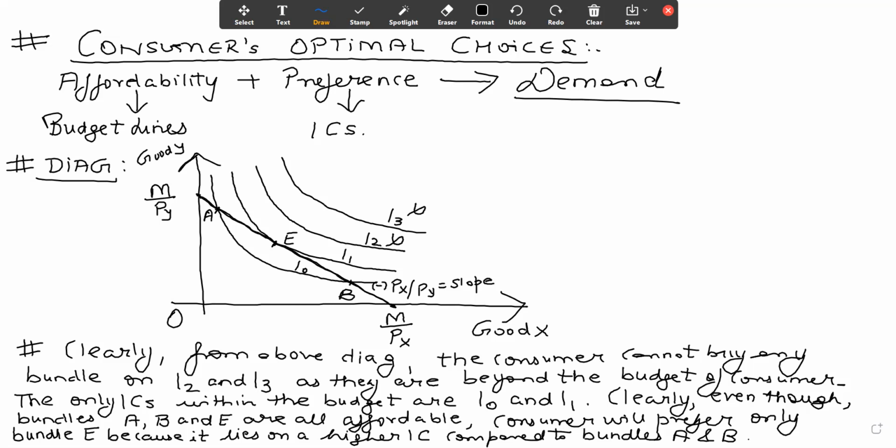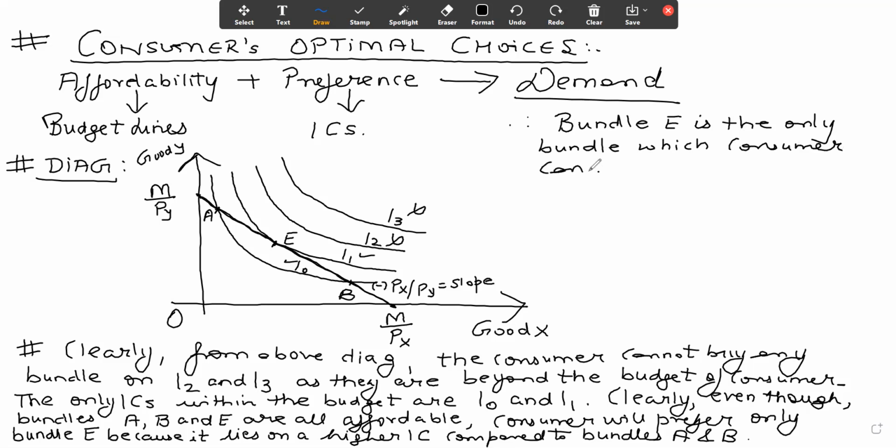You can clearly see bundle E lies on a higher indifference curve I1 as compared to bundles A and B, which lie on I0. So I can say therefore bundle E is the only bundle which the consumer can afford and prefers to consume.